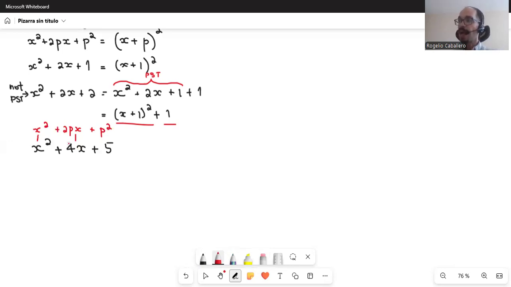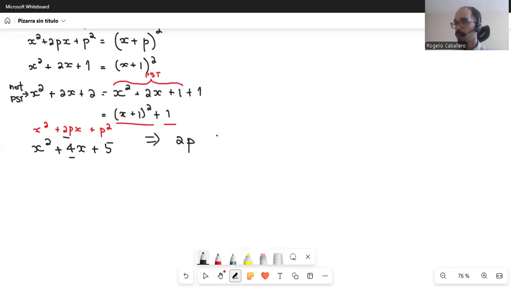And by comparing these two terms, we're going to try to find out what's the value of p that transforms these two terms into a perfect square trinomial. Obviously that value of p is going to be such that 2p, this coefficient right here, is going to equal 4.